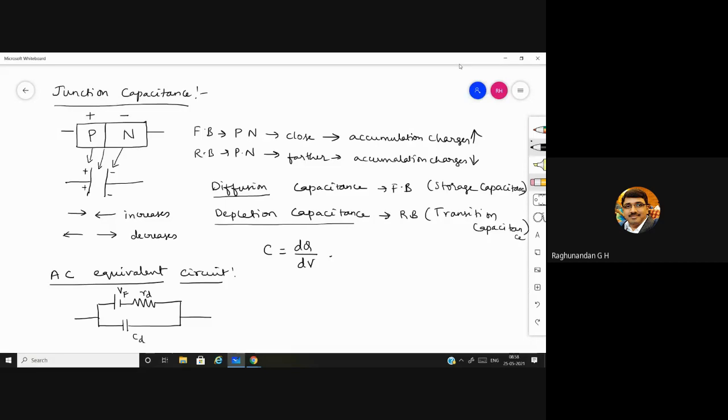Now the capacitor is connected like this, and this is the AC equivalent circuit. If you want, you can represent an ideal diode also here, or if you don't mention that also, it is understood because under forward bias condition, anyhow it is going to act like a short circuit. So we can just write battery and resistor, or if you want, you can also include an ideal diode. So this is about the AC equivalent circuit.